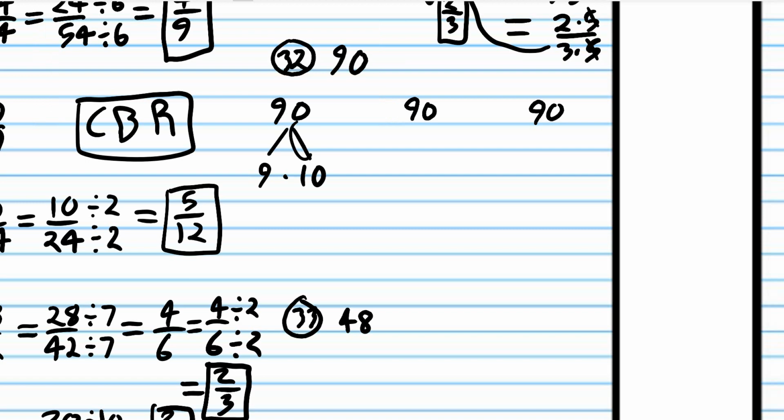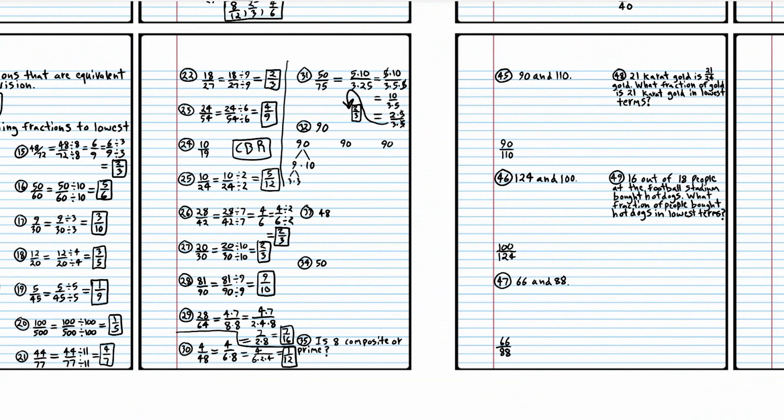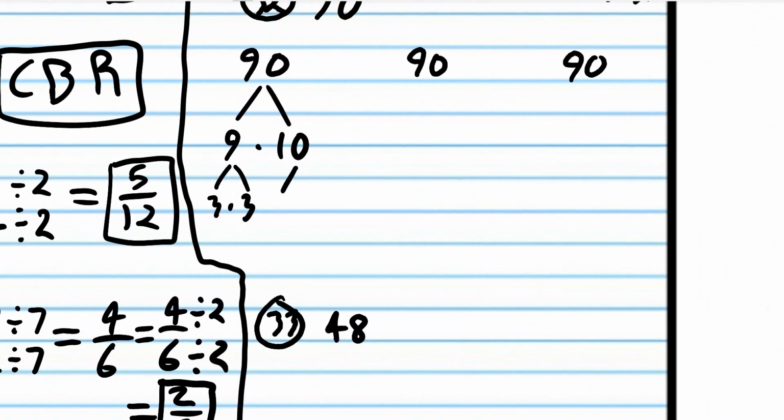So I'm using these lines here, going to the left and right and down. And I know that 9 factors to 3 times 3. I want to put a dividing line here. It's always good to put dividing lines. That's perfectly fine. And I know that 10 is 2 times 5.